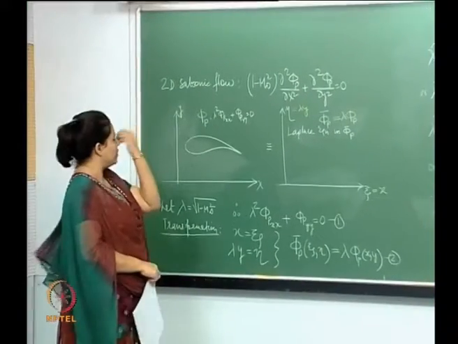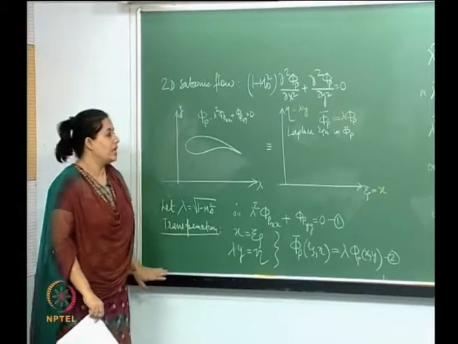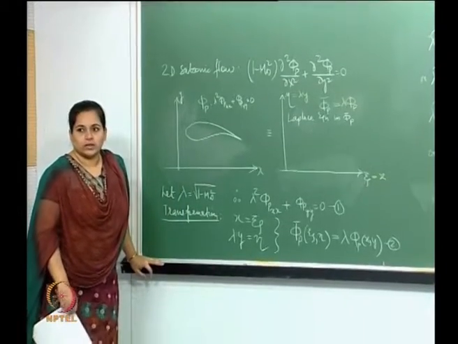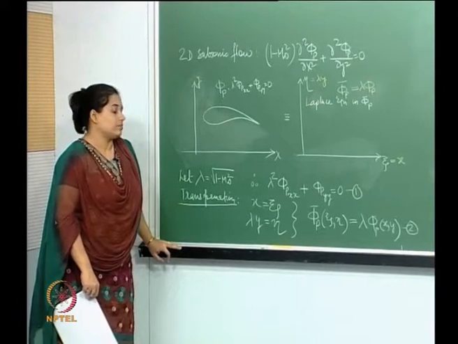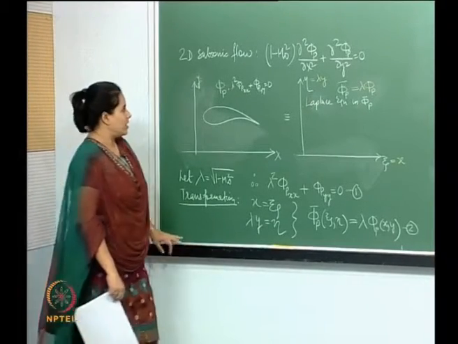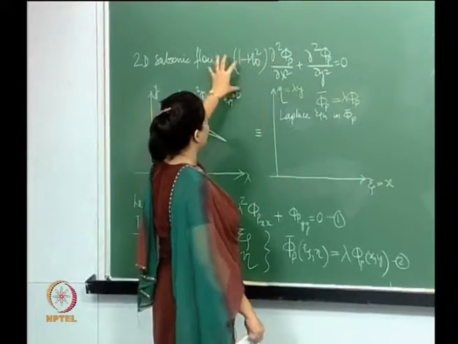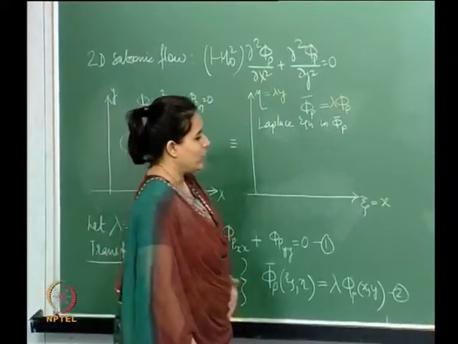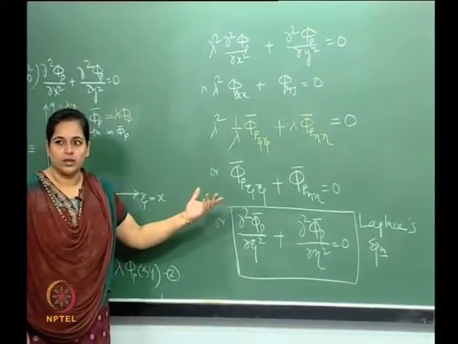Okay, Laplace equation in phi p bar. Now that is very, very interesting. Why? Because this is a 2D subsonic flow. When you see the Laplace equation, what happens to the Mach number? It's not there anymore, right.